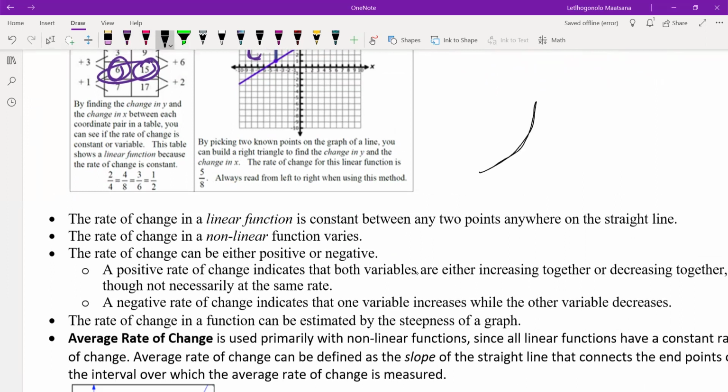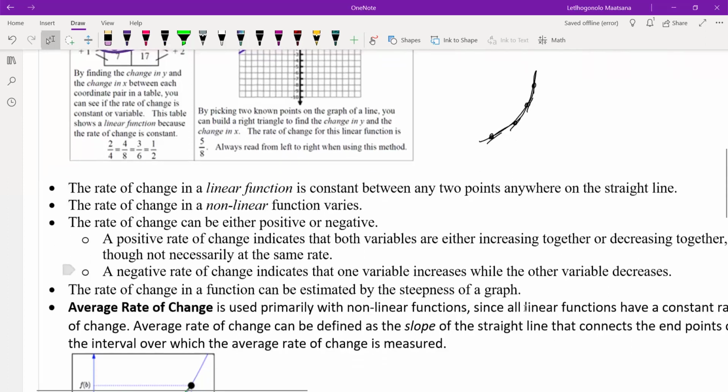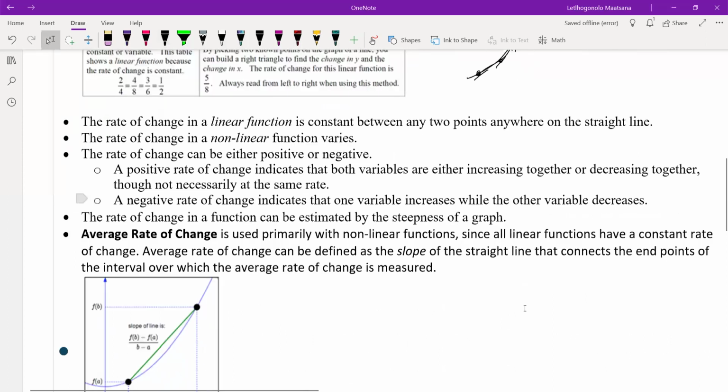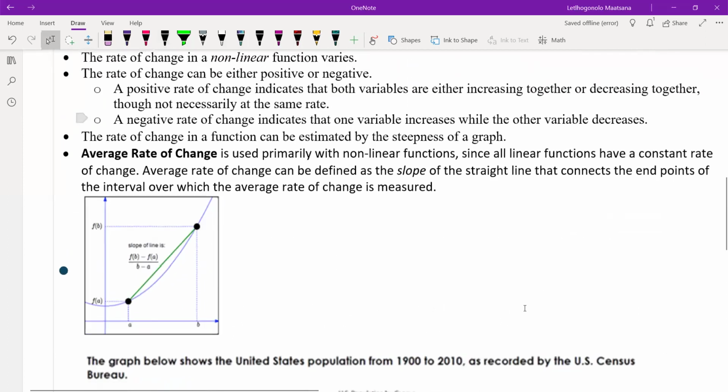We can see that the rate of change on this graph won't be the same because the slope is continuously changing, so it's not linear. For those that are not linear, we can calculate the average rate of change by still using the same equation.